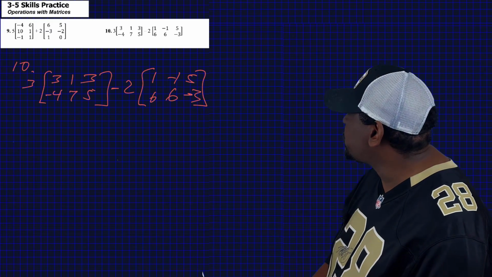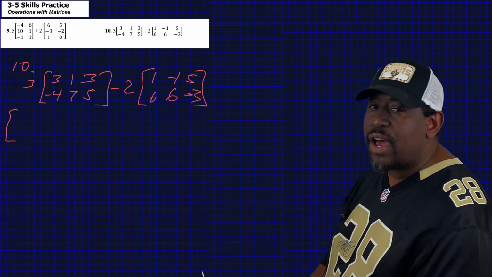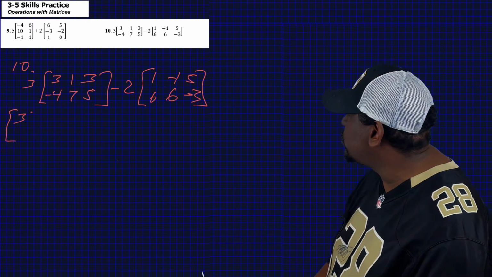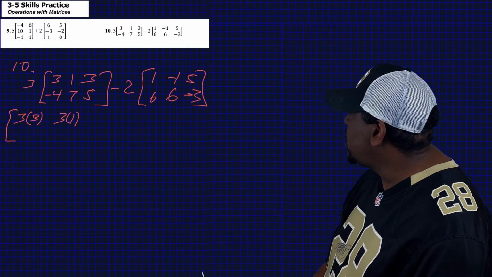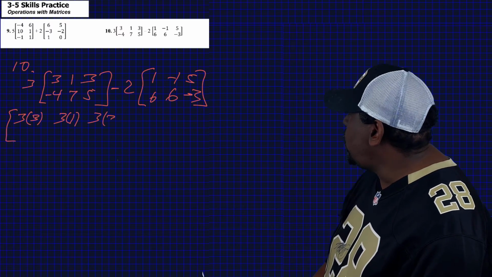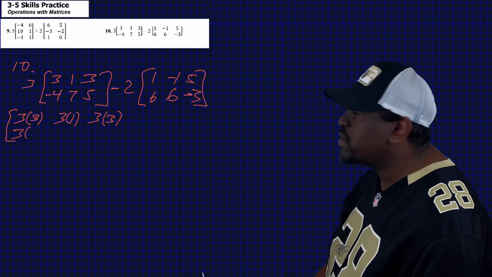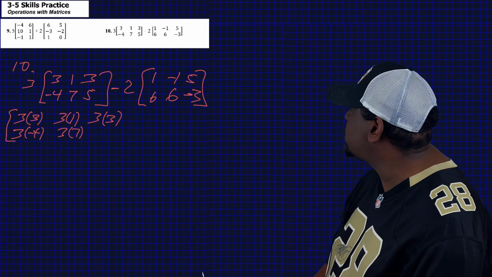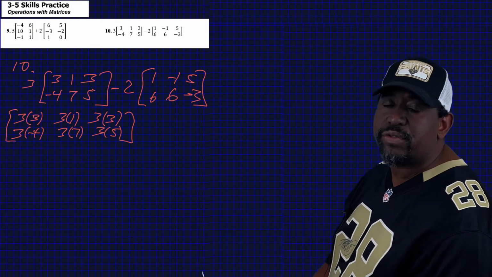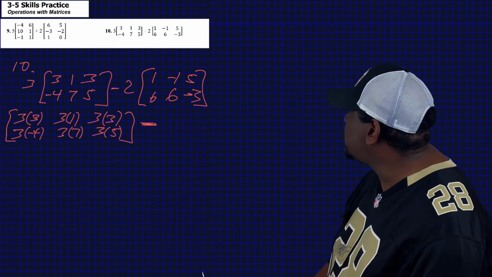There we go. So again, the first thing we have to do is use our little multiplication to distribute the 2 scalar terms into the matrix. So in our first one, we will have 3 times each of the entries. 3 times 3, 3 times 1, 3 times 3 in the first row. Second row will be 3 times negative 4, 3 times 7, and 3 times 5.